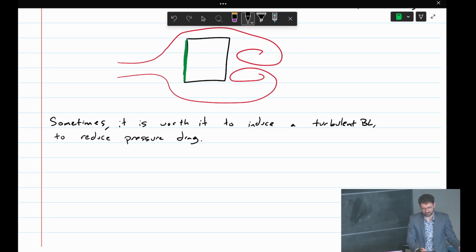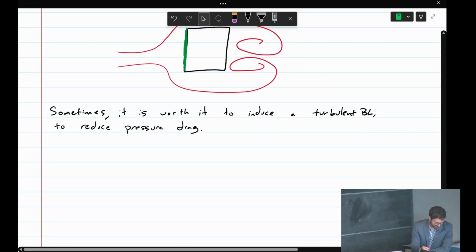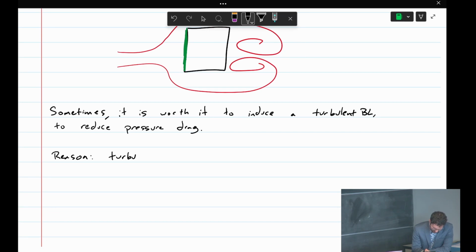We haven't really covered this, but the reason that a turbulent boundary layer can reduce pressure drag is because it causes the flow to remain attached to the surface. So the reason is that a turbulent boundary layer can delay flow separation.